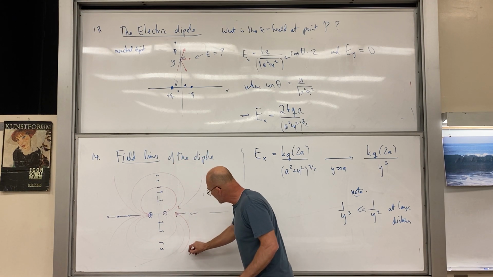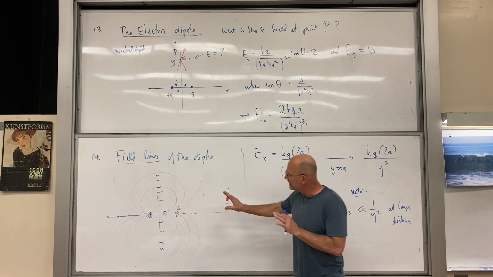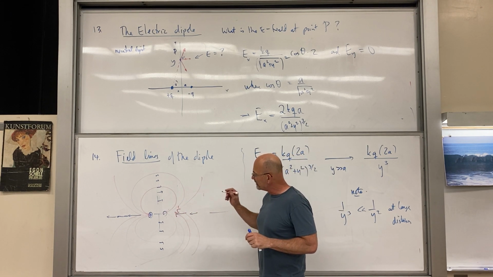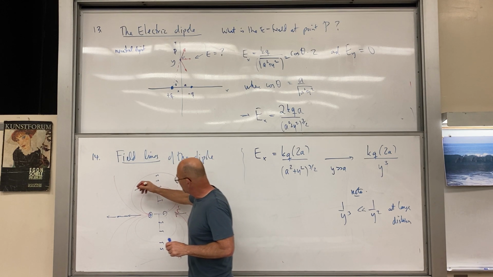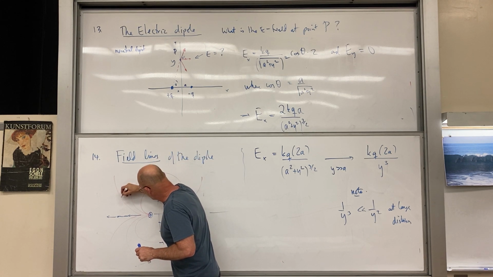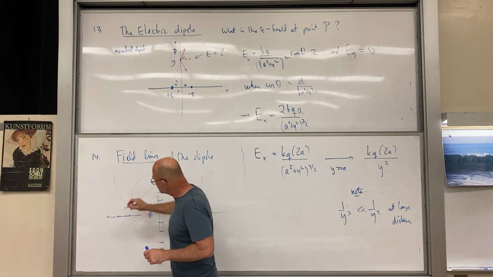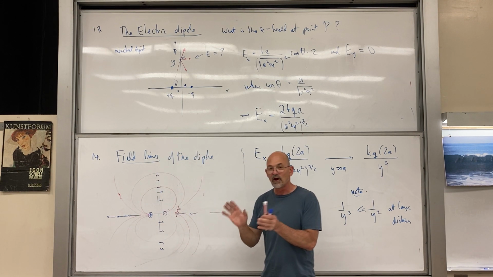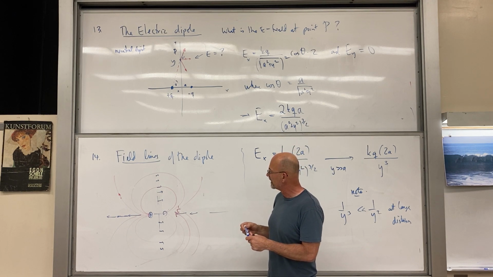Okay, so the arrows, these are the lines where you join together all the field vectors. The meaning of it is still similar to the field vectors, namely if you put a test charge here, it's going to feel a force in the direction of a little arrow that's tangent to the line.